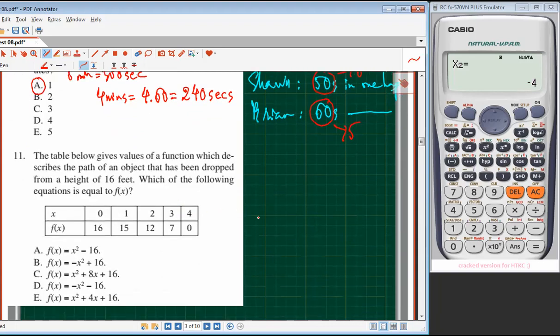Question number 11. The table below describes the path of an object that has been dropped from a height of 16 feet. Which of the following equations is equal to Fs?